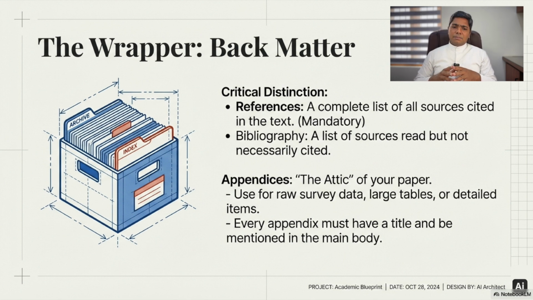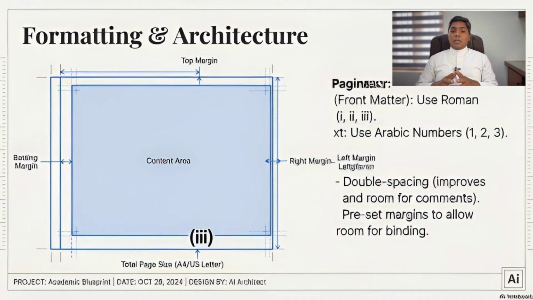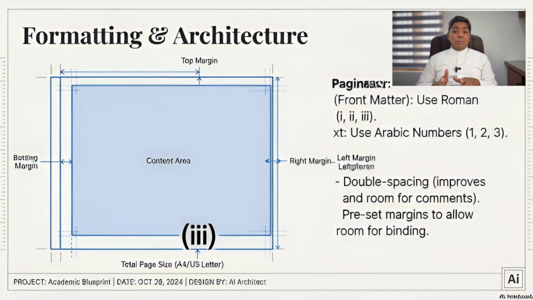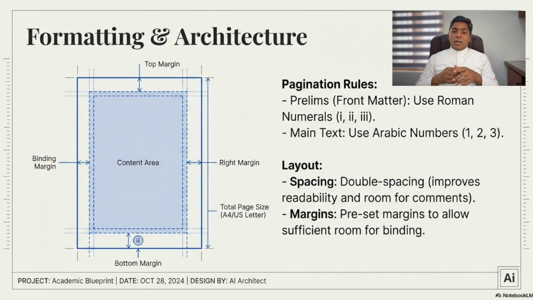So please mind that. Now the next section, that is formatting, submission and conclusion. First one is pagination conventions. There are standard conventions for numbering pages in academic dissertations. Use lowercase Roman numerals, that is i, ii, iii, iv, for the preliminary pages from your title page through your table of contents.